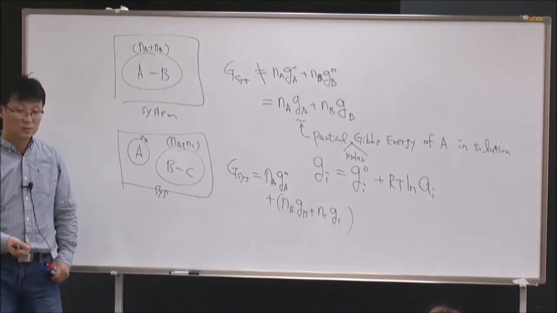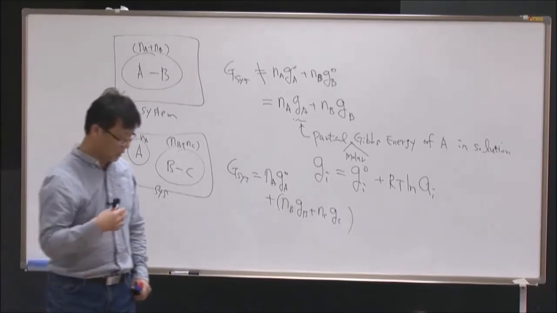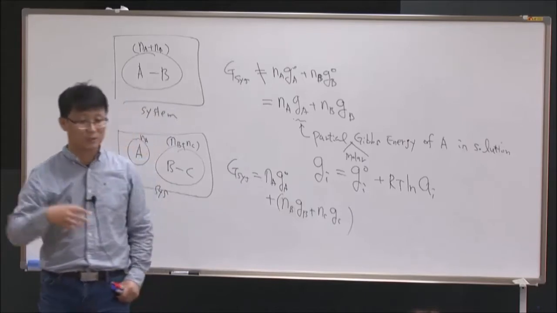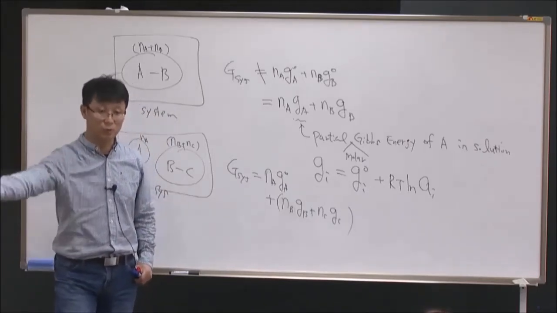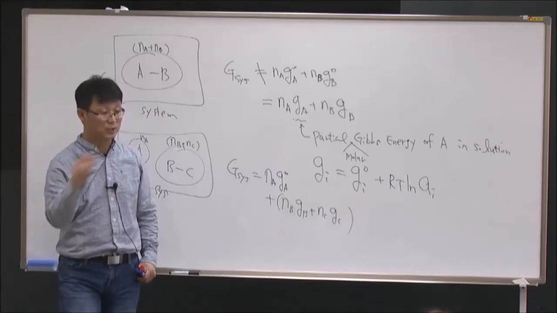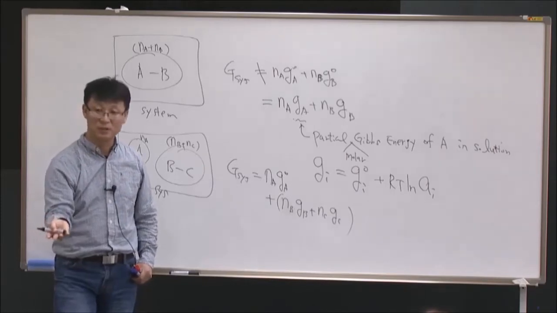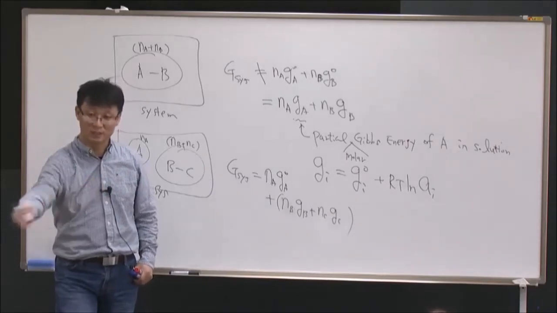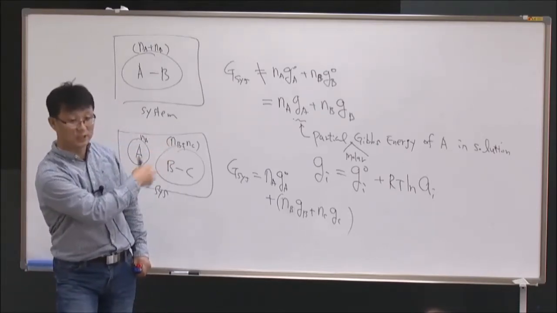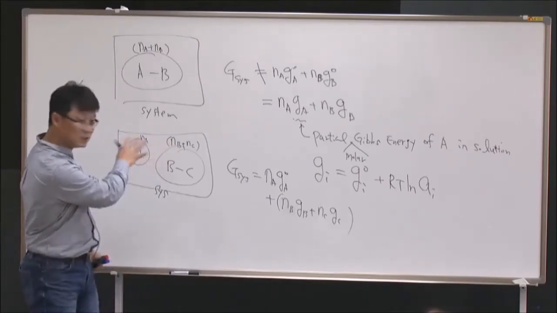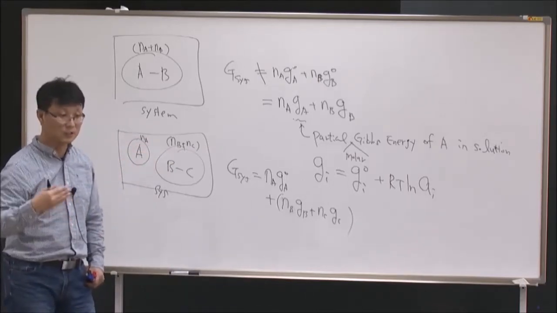Is that okay? At least we have to understand this one, because in the end, whenever we ask whether my system is in an equilibrium or non-equilibrium state, or whether my reaction is going forward or backward, we have to compare the Gibbs energy of the system before and after. If the Gibbs energy is decreasing with the change, by the reaction or by something changing inside the system, then that process is going forward.